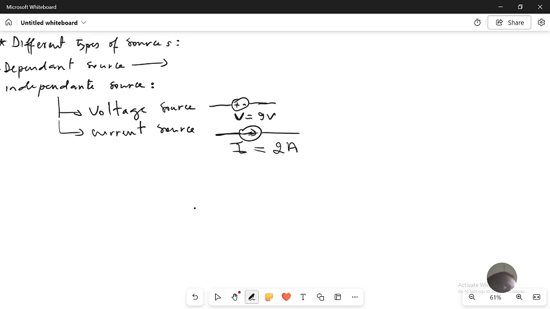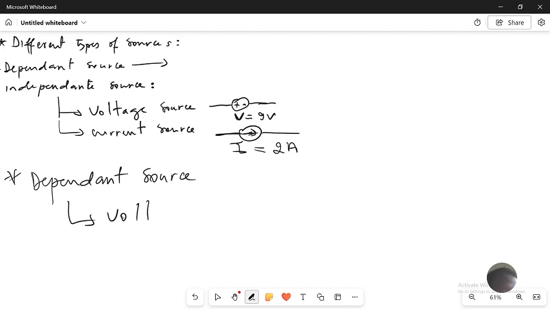Now, for the dependent source, same, we can also have voltage, but in this case, the voltage will depend on another parameter, and the notation will be like this one.